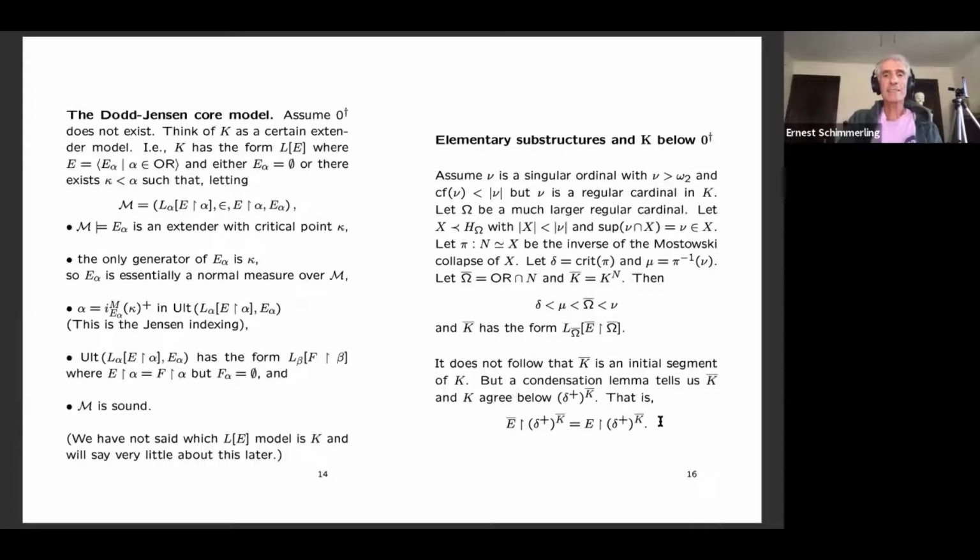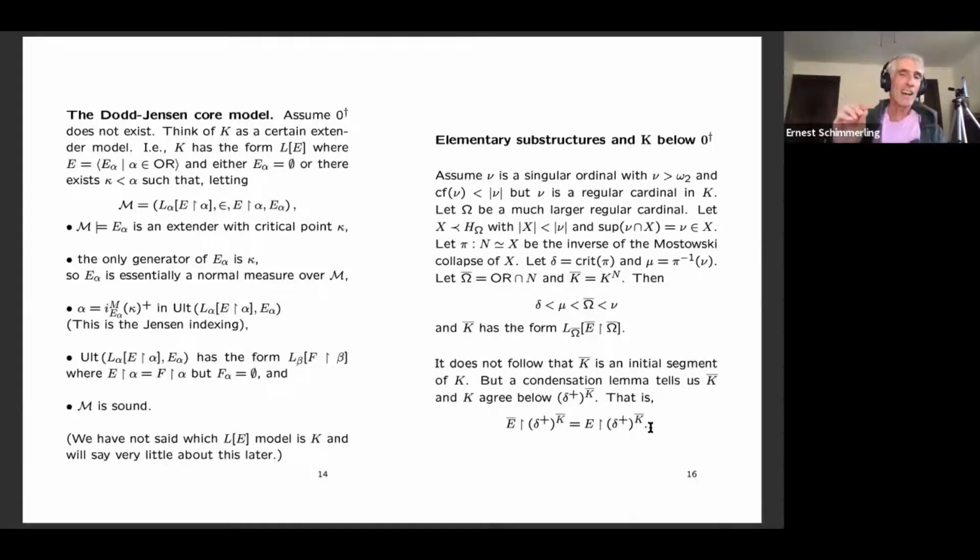Another way of saying that is that E bar restricted to delta plus of K bar equals E restricted to delta plus of K bar.